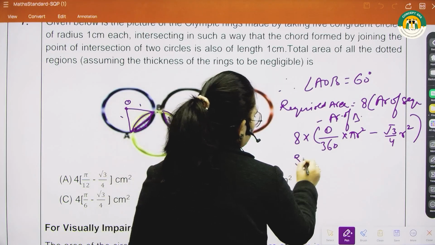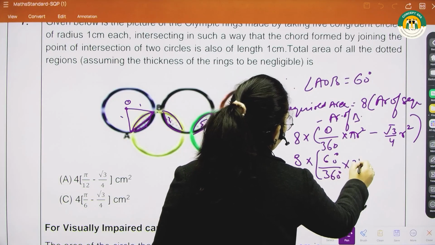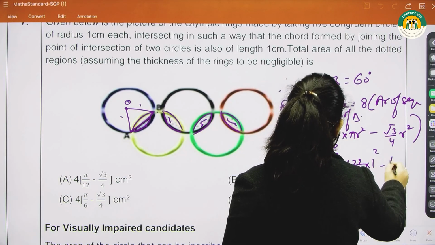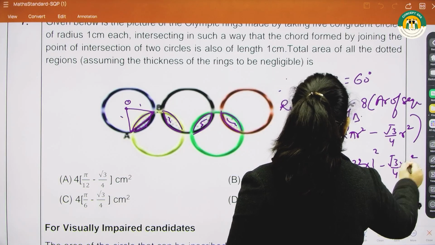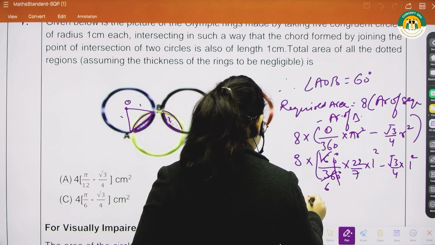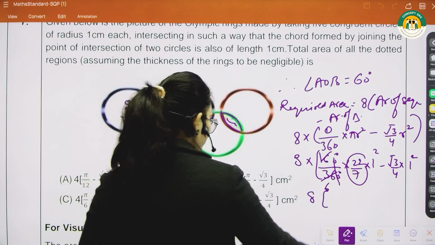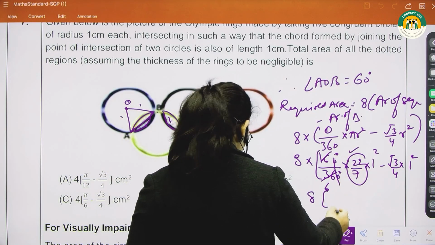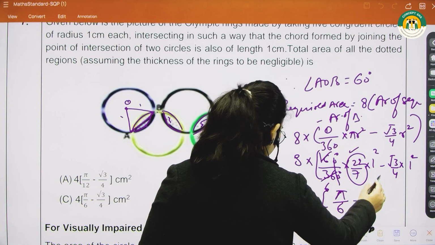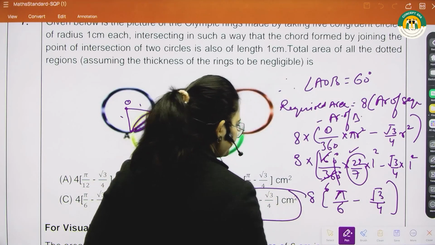So it is 8 into 60 degree upon 360 degree into pi r square, where r is 1, minus root 3 upon 4, r is 1 square. We need an answer in pi form, so no need to substitute the value. So that means it is 8 into pi upon 6 minus root 3 upon 4. It's the simplest one. So this is the answer.